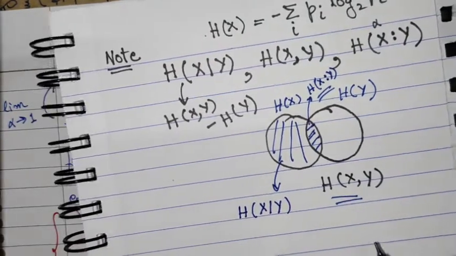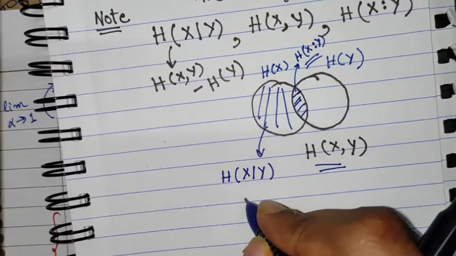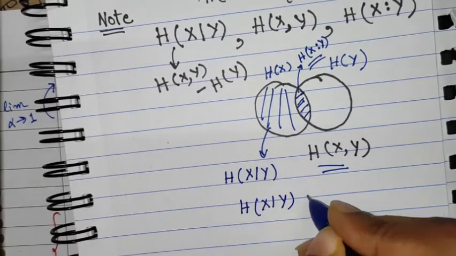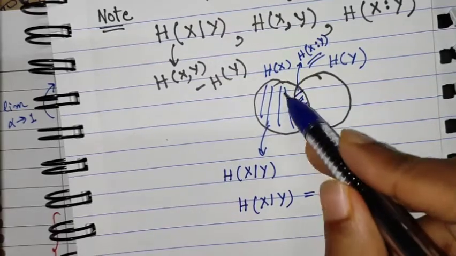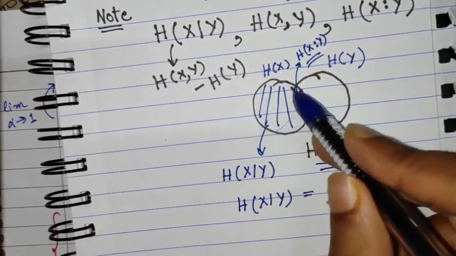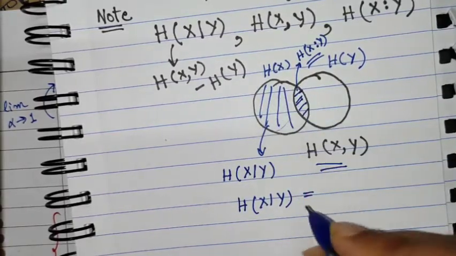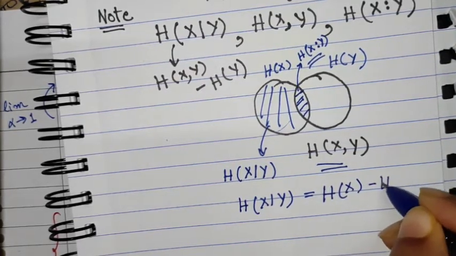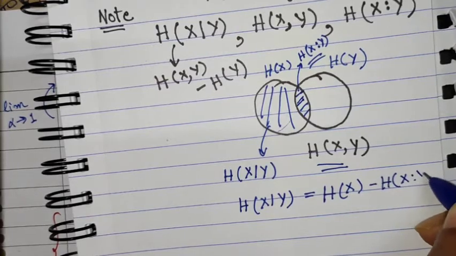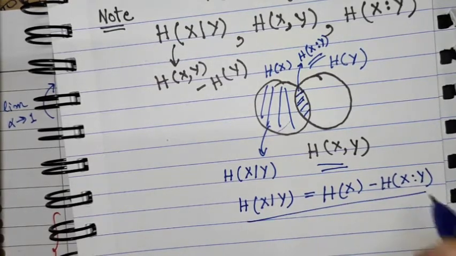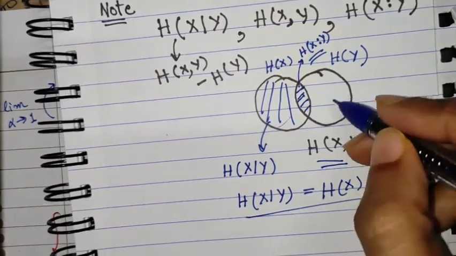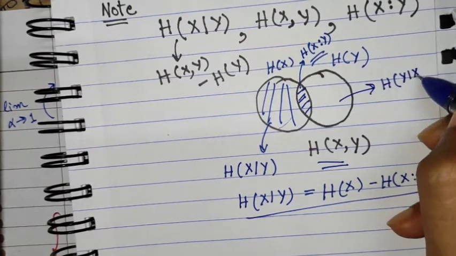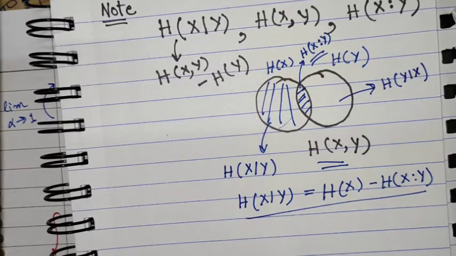So immediately we can read off some of the results: H of x conditioned on y is equal to this area, which is the entire area minus the mutual part. So it is H of x minus H of x mutual y. And similarly we can say that this is H of y conditioned on x.